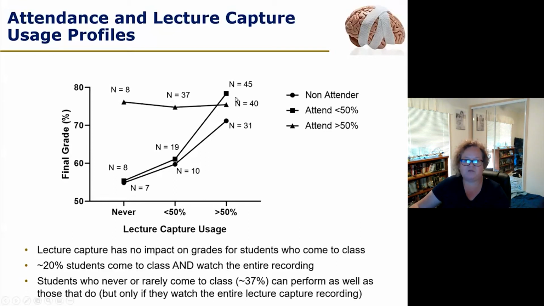But there was a fair percentage, about 20% of the class, who both came to the in-person classes but also watched the entire lecture capture recording, which I thought was really interesting. Quite a large number of students were actually using lecture capture and actually watching the entire lecture capture, which was also kind of surprising, and that included students who never came to class or rarely came to class.